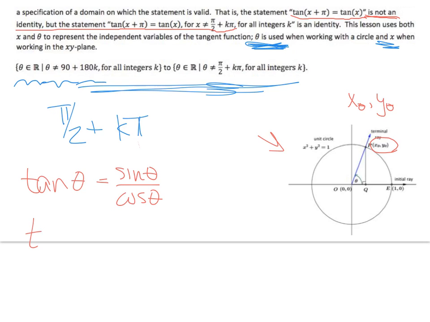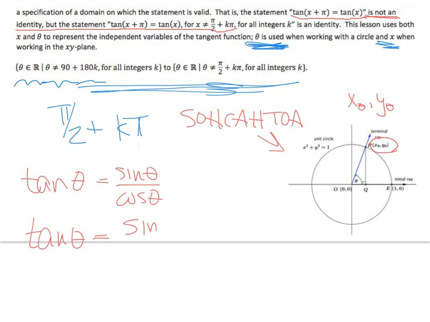I can express tan theta in terms of SOHCAHTOA. Sine is opposite over hypotenuse, and it's the unit circle, so the hypotenuse is always 1.